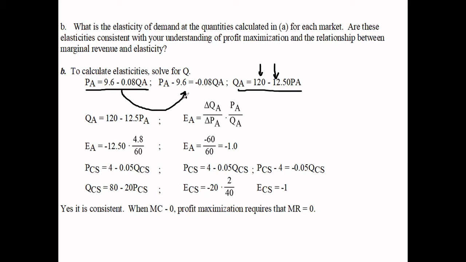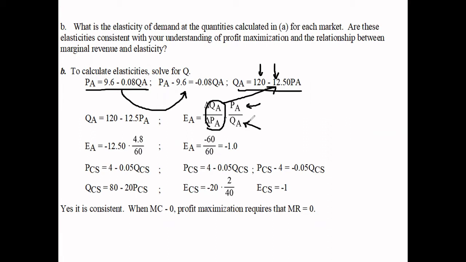Since I know that the elasticity is the slope times PA over QA, it is very clear that the change of QA over the change of PA is my slope. How can I get this slope? After I arrange the equation, it is equal to negative 12.5. So it is very nice. Do I have the PA? Did I find the prices previously? Did I find the quantity previously?